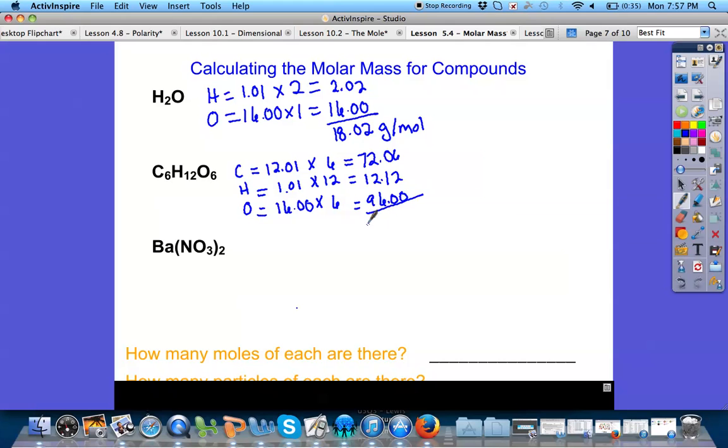And then if we add these together, we're going to get 180.18 grams per mole.